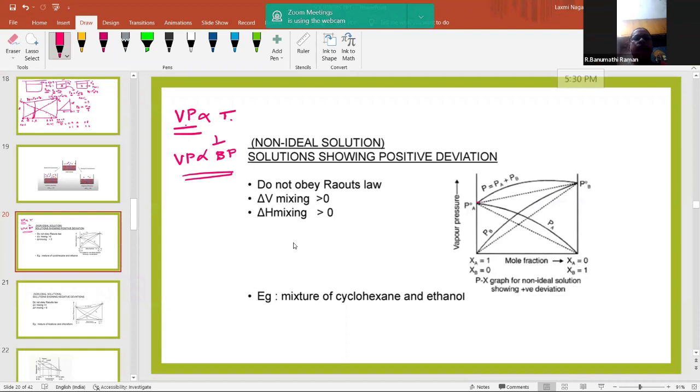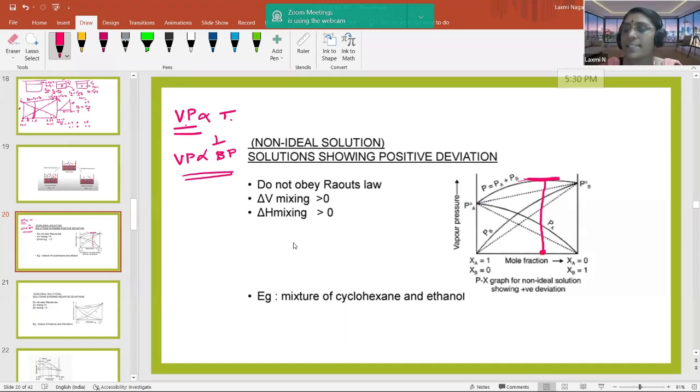So they will understand. Whenever you see this positive deviation graph, this was supposed to be the ideal P total. But after deviation, the P total looks like this, a curved line. And at a particular point, the P total is maximum. This is the maximum P total. The corresponding composition is called the azeotrope.